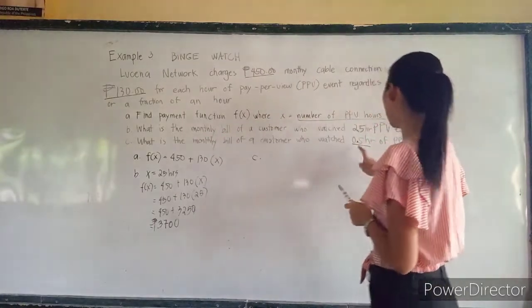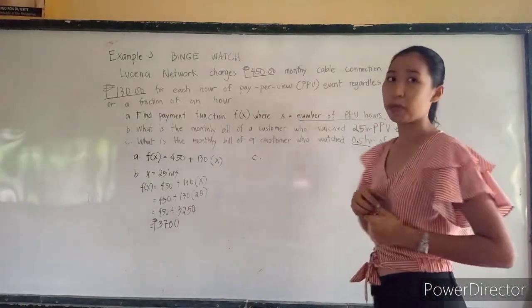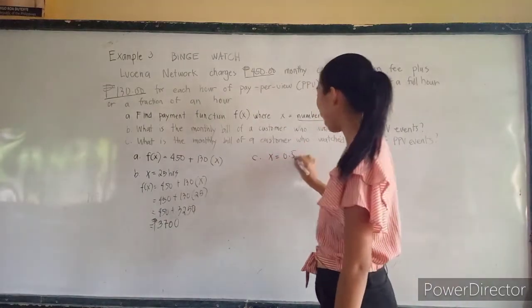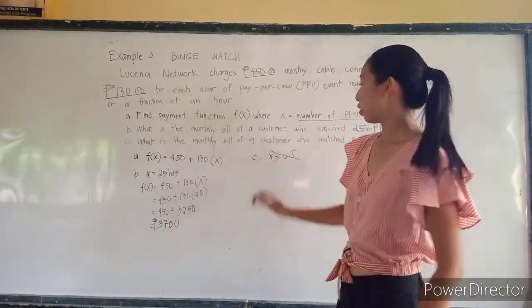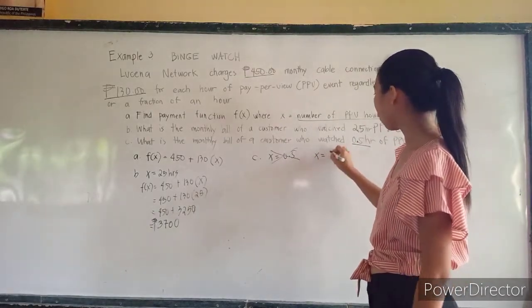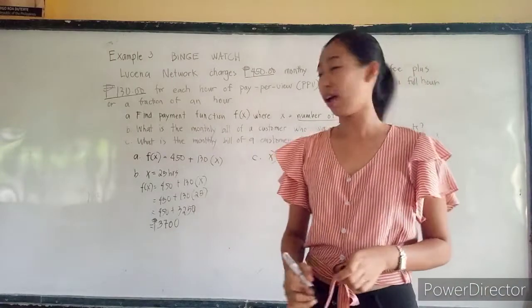So in this case, since the PPV event was 0.5 hours, we cannot say that x is equal to 0.5. That is wrong. That is why the condition was set. So our x should be a full hour. It is 1 hour. Okay?